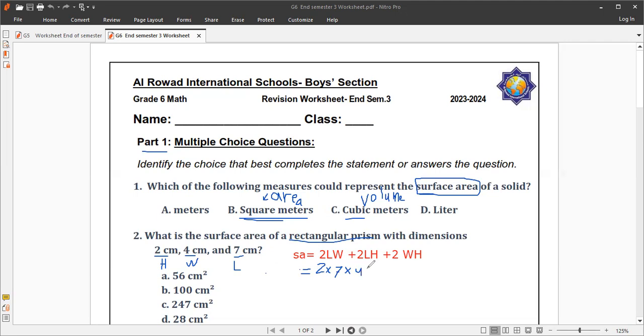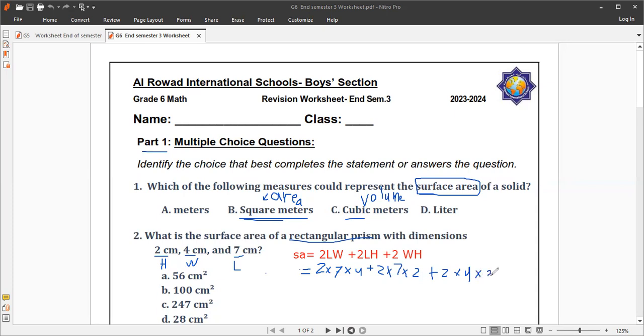Now plus 2 times length times height: 2 times the length, which is 7, times the height, which is 2. Plus 2 times the width, which is 4, times the height, which is 2.